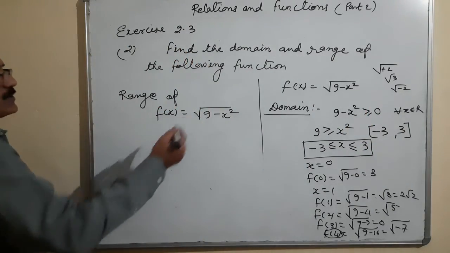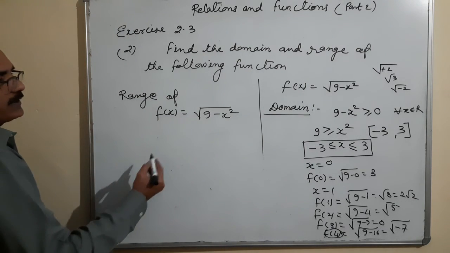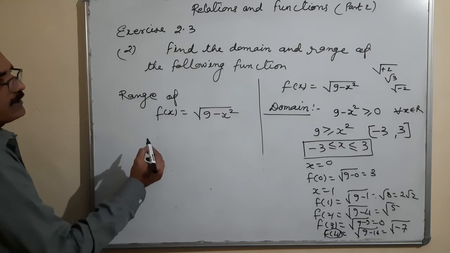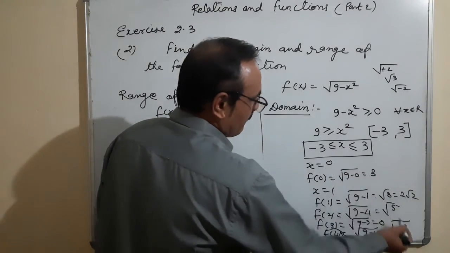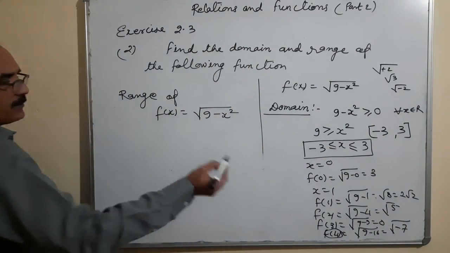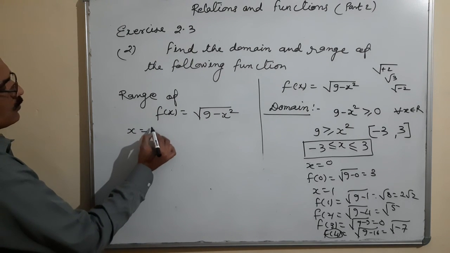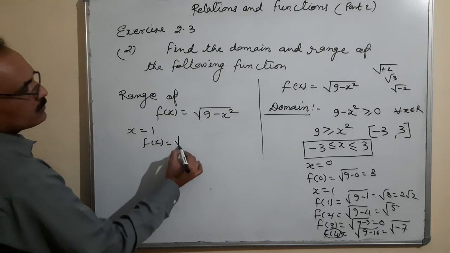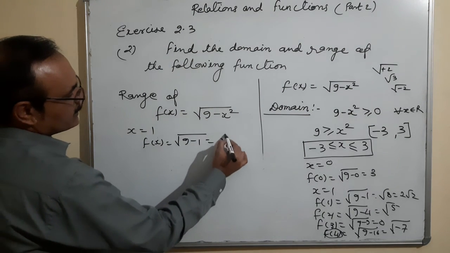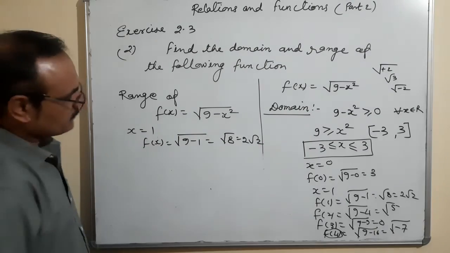So for finding the range, from minus 3 to plus 3, let's take an example. By the way, we have discussed this, but once again, I put x equal to 1. f of x is under root 9 minus 1, root 8 or 2 root 2, a positive term.